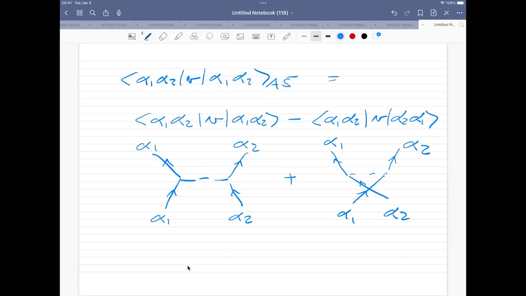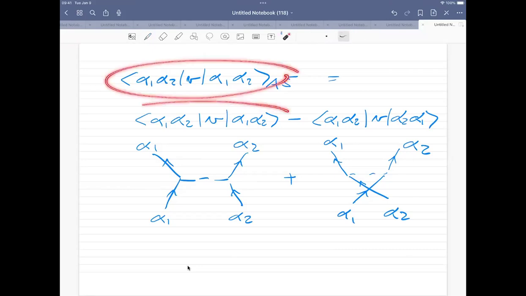Now, there is a more compact notation, because sometimes you don't want to carry two or more diagrams with you. You would have a compact notation in terms of anti-symmetrized matrix elements, or these integrals which we have defined here, given by a direct term and an exchange term.